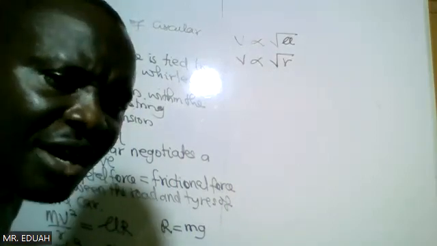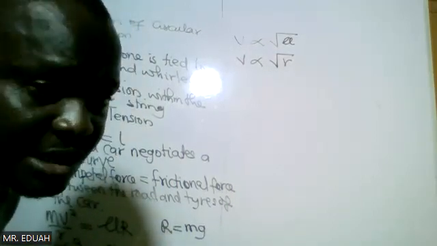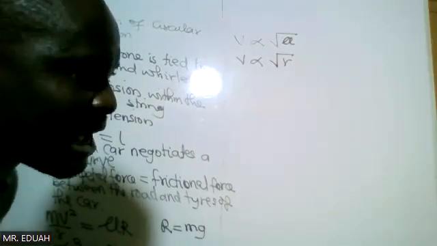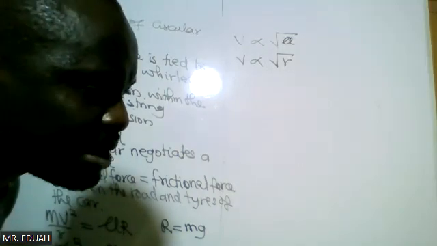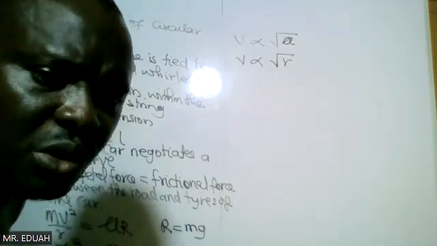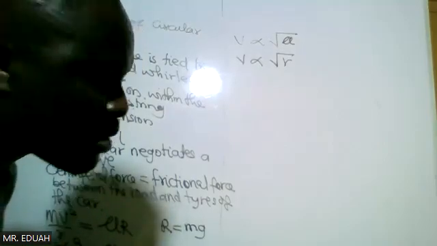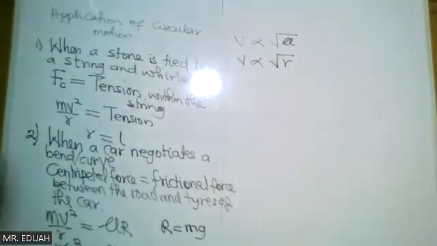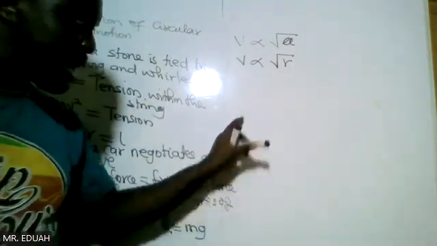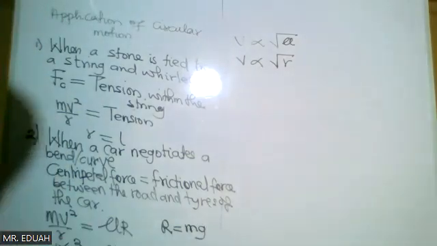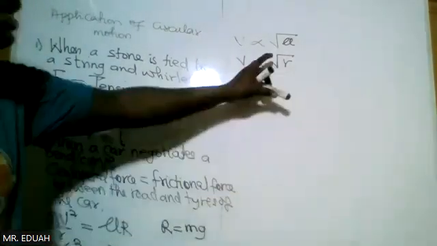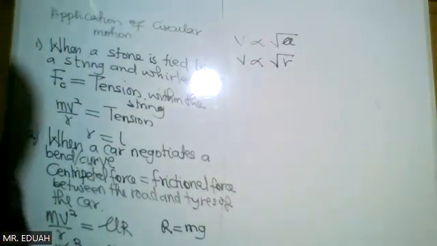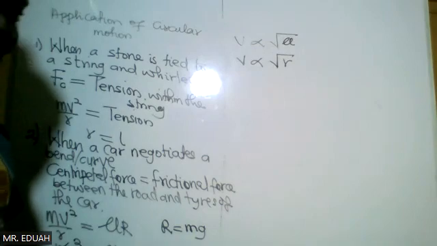So the value of mu informs friction. When mu is high, frictional force is also greater on the surface. If it's less, friction is less. So the maximum speed a driver can embark on a curved road or bend depends on the nature of frictional force on the surface of the road.